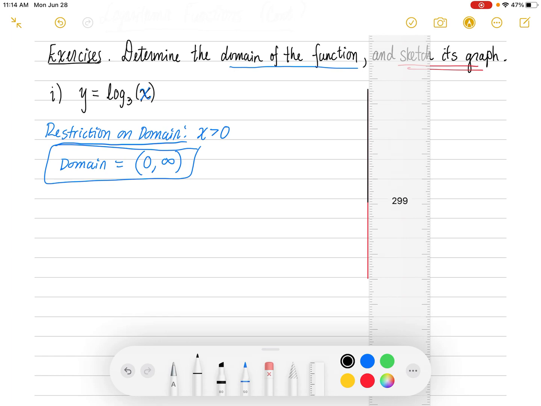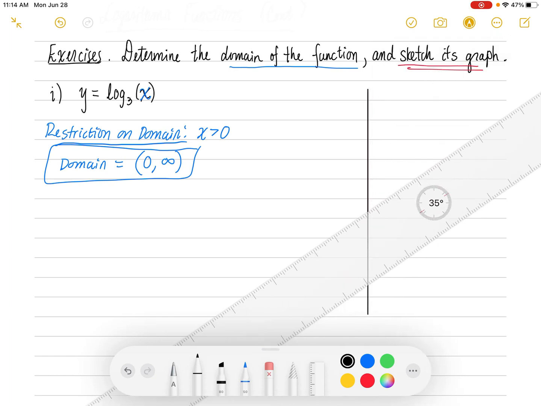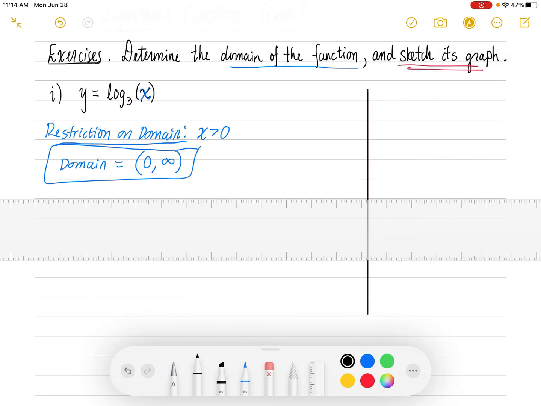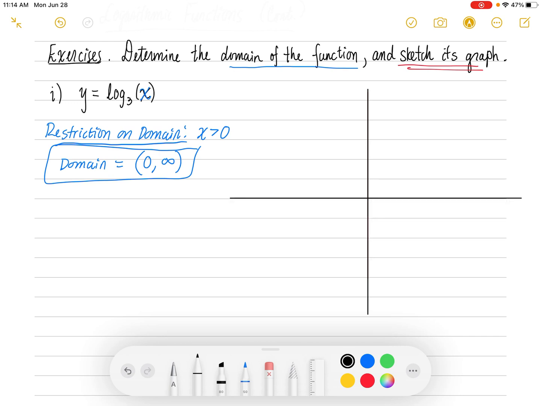Once I have the domain, now I'm going to begin with my graph sketching. So first I'm going to put down an x-axis and a y-axis. Here's my y-axis. Here's my x-axis.